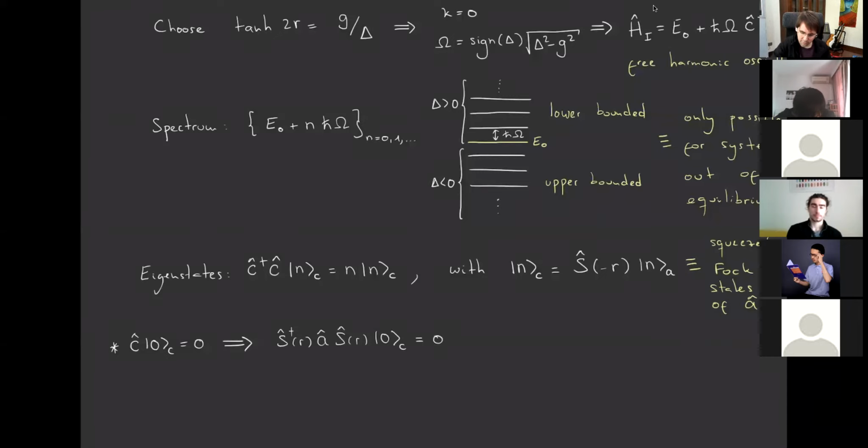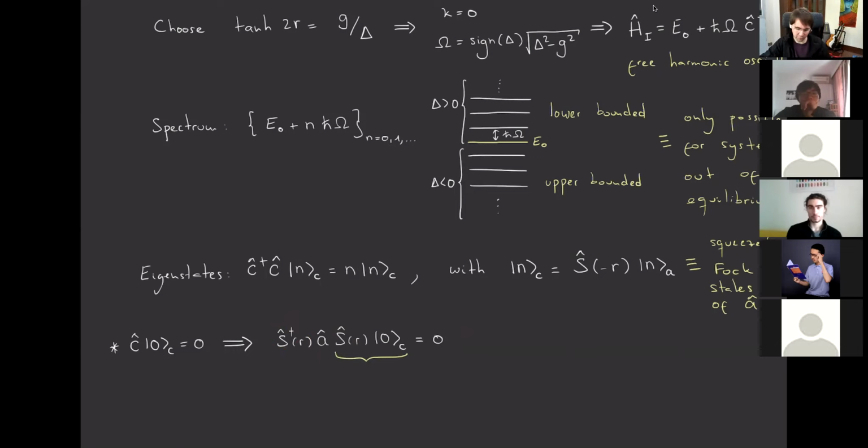But look, we have in here that A acting on this state here is equal to 0. Okay. So you can remove this S dagger. For example, you can multiply the whole expression by S on the left.